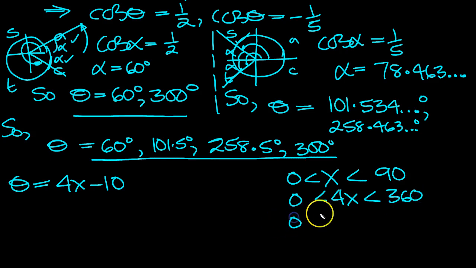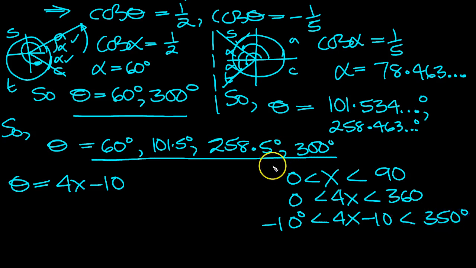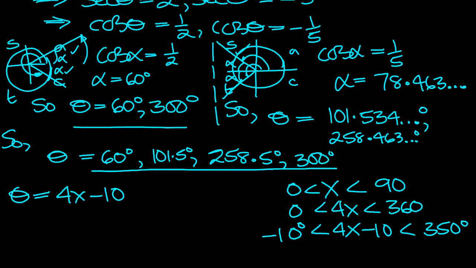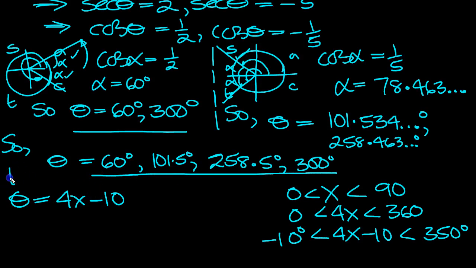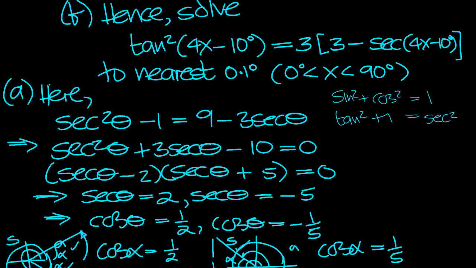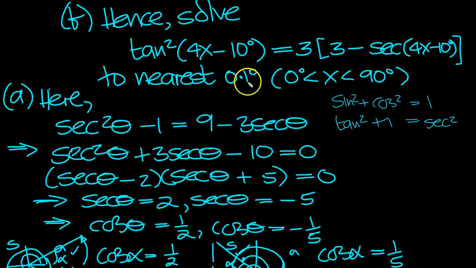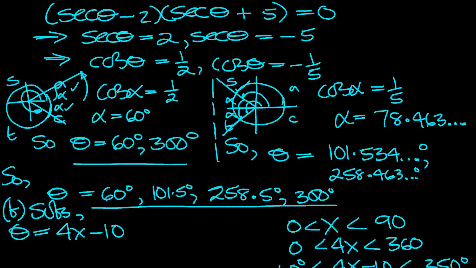And then 4x minus 10, take away 10 all the way through, minus 10 degrees, and that's 350 degrees. Okay, so that's that. So if we make the substitution, so this is part B. So substitute this, there's no problem here on the margins. So solve this, so basically we can just read off the solutions.